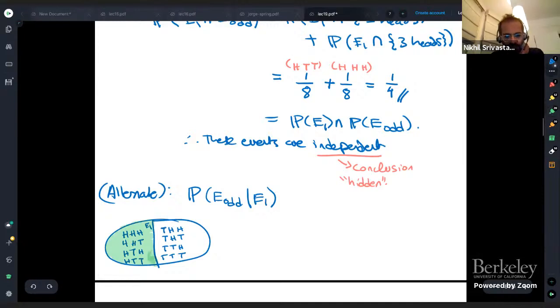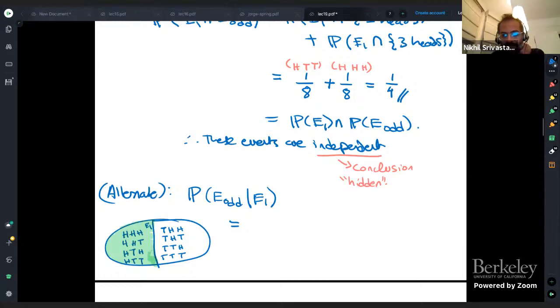And so if you're following this conceptual path, what's the probability that you have E odd? Well, the first coin is H because you've conditioned on E1, right? So you know you're in event E1. And within that part of the sample space, how many points have an odd number of heads?